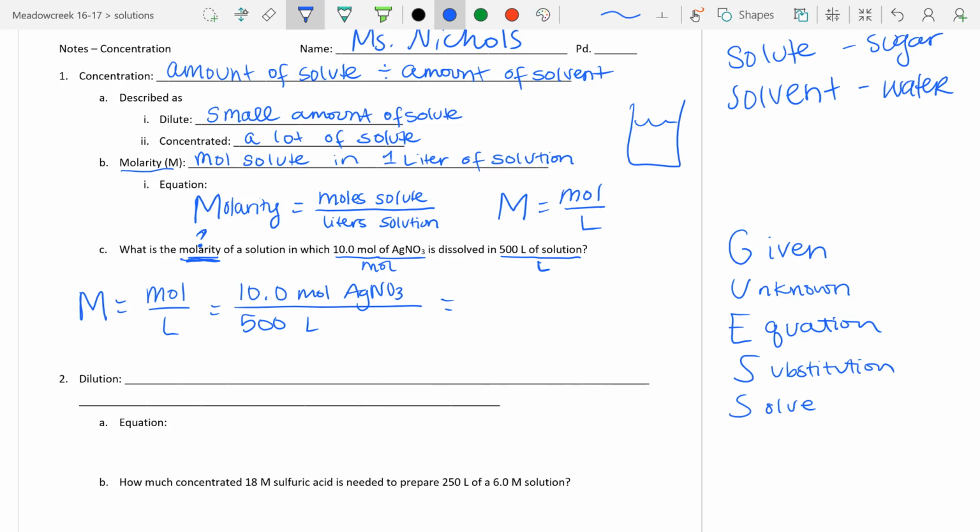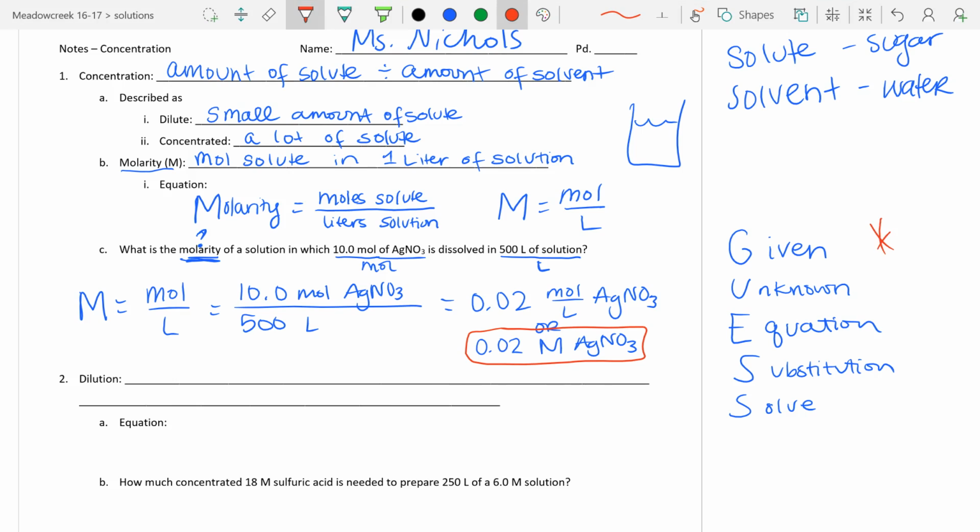So 10 divided by 500 is 0.02 moles per liter of silver nitrate, or you could also write it as 0.02 capital M AgNO3. Both are correct, however, you're going to see this way written most often. Okay, so if you have any more questions about that, we're going to do some more sample problems a little bit later, but make sure you're following the GUESS method and showing all of your work.